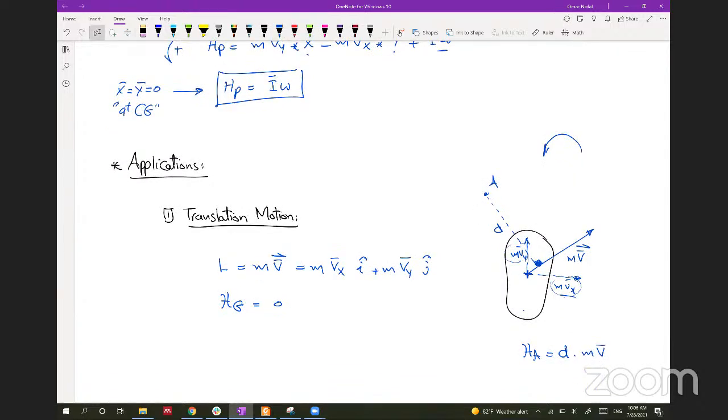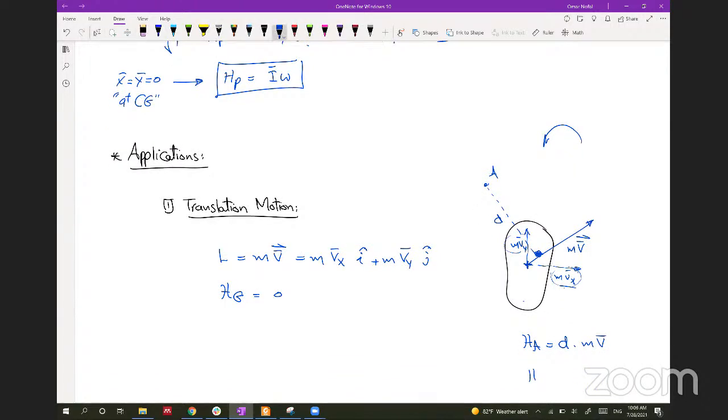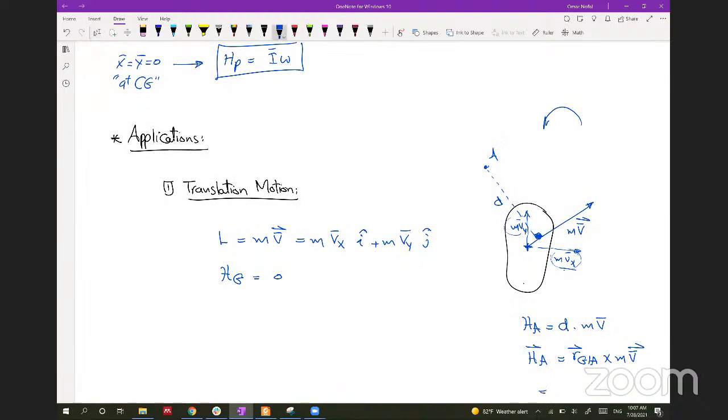But if you want it in a vector form, it will be the r vector from A to the point G, r_G/A, multiplied by the mv vector.